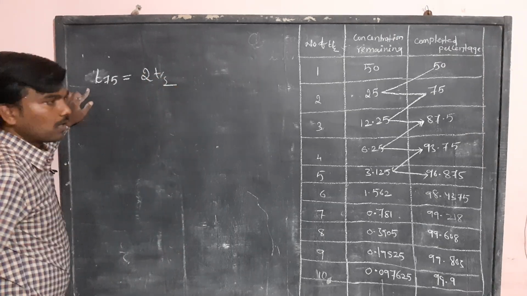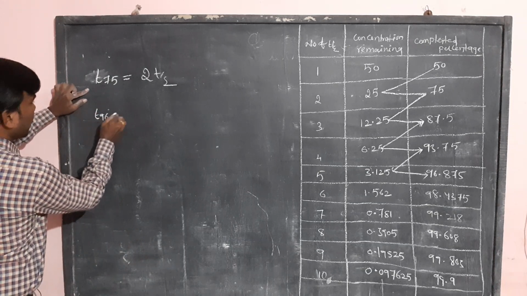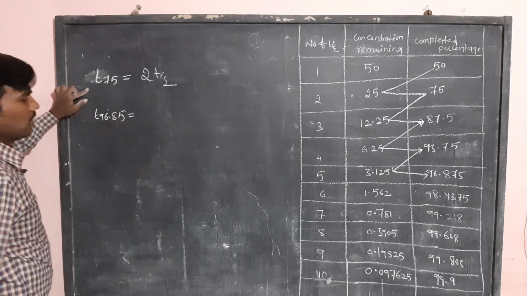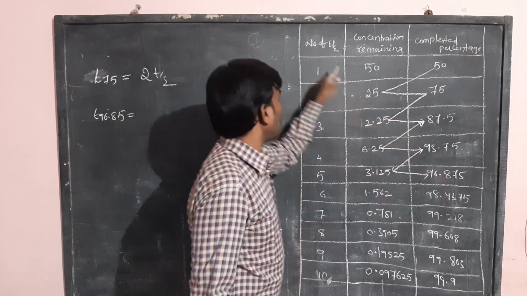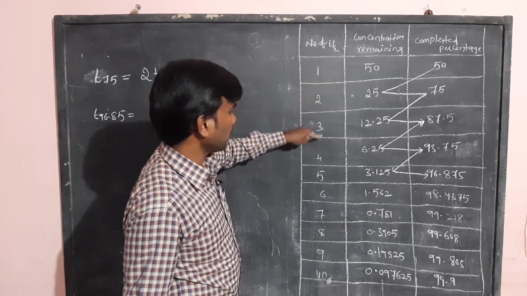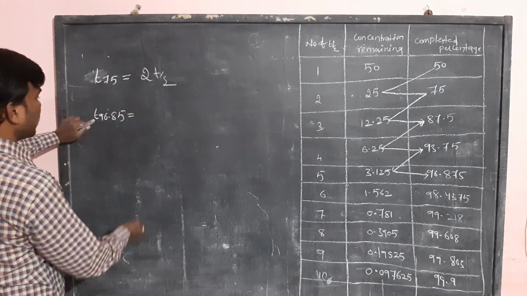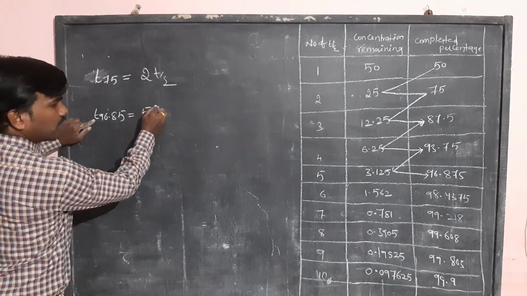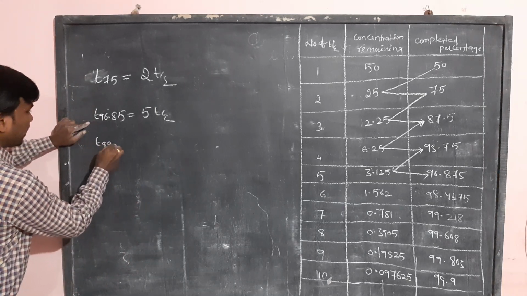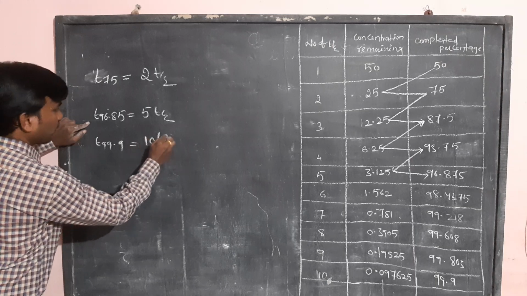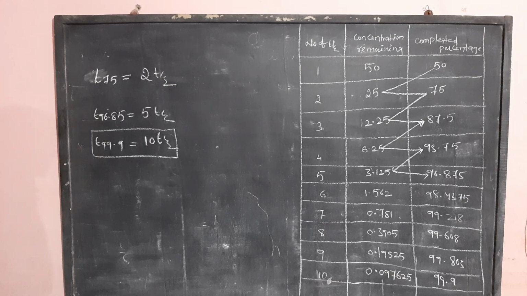Similarly, T96.875: how many T halves are required? 1, 2, 3, 4, 5. At the 5th T half it is 96.875, so T96.875 is 5 into T half. To complete 99.9%, T99.9 is 10 into T half.